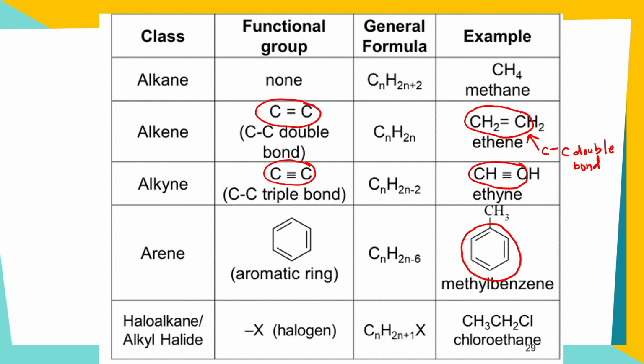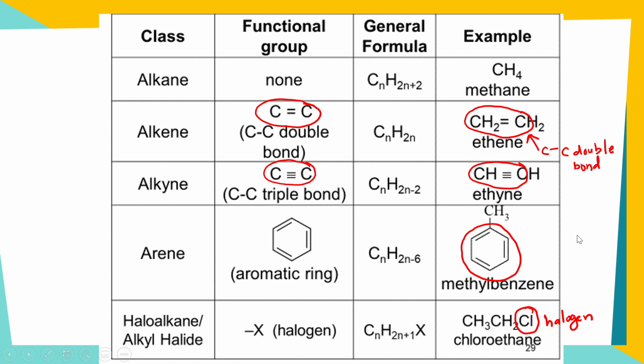The next one is haloalkene, meaning that we have a halogen and an alkene group. We circle the functional group, and the functional group is halogen. I hope you can differentiate between the functional group and the class of the compound.